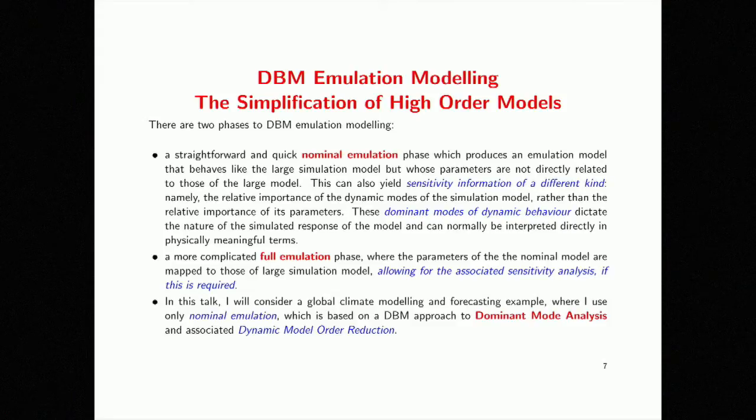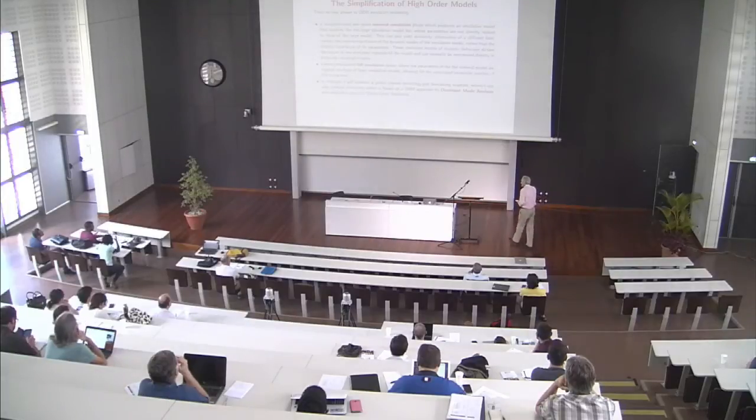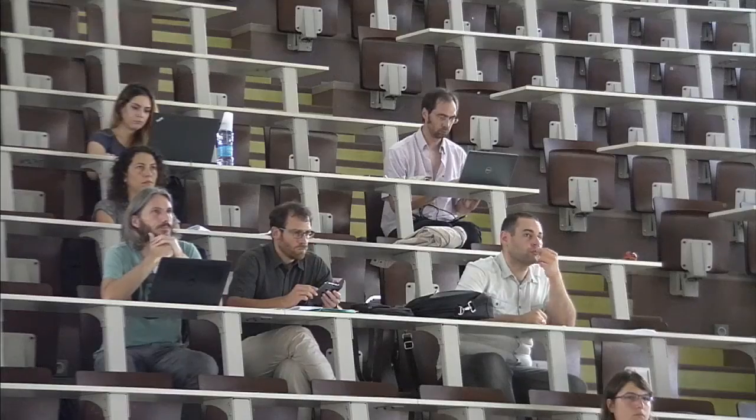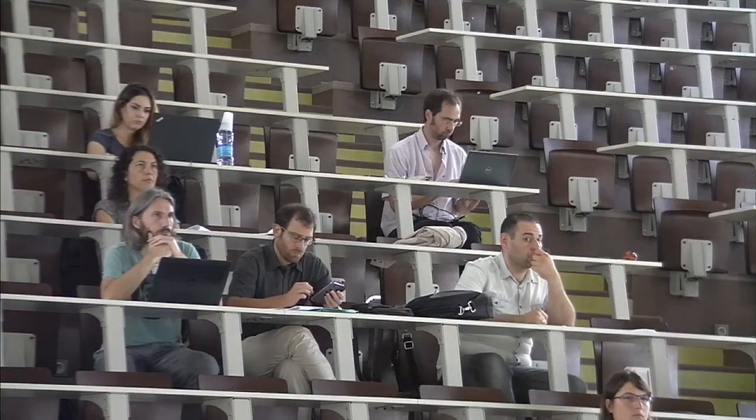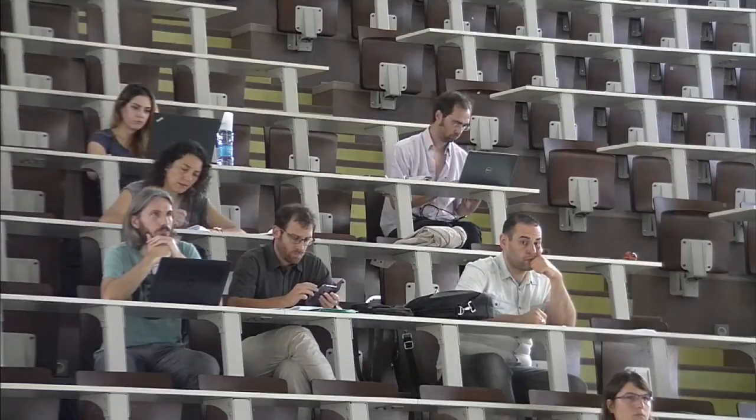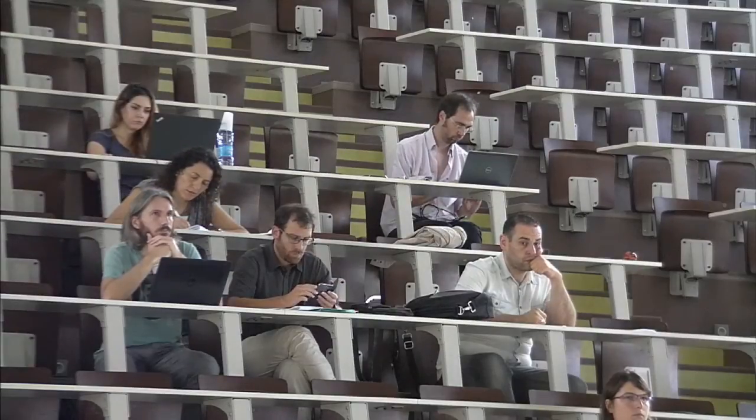I won't be doing that for this example that I'm looking at, but it can involve that, and I'll point out how it can involve that. An important aspect of the DBM emulation is that it does look at sensitivity, but it doesn't look at the sensitivity of the output to the parameters. It looks at the sensitivity of the output to the dynamic modes of behavior.